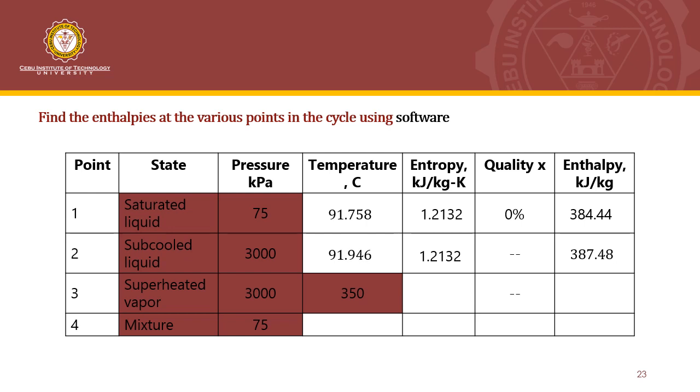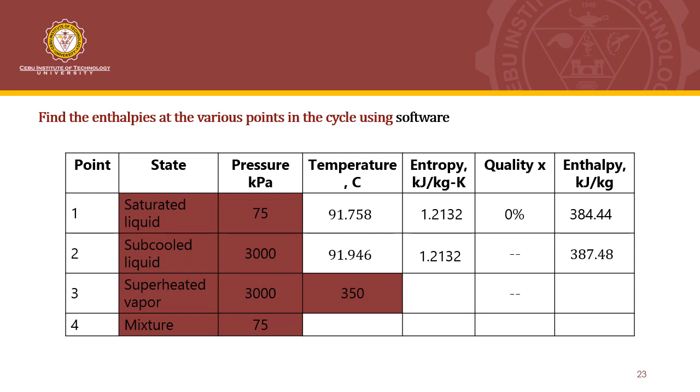You can find here that there is a very slight change in the temperature, because if you can remember, process 1 to 2 is just pumping. In pumping, you are not actually changing the temperature. The change here could be because of some irreversibilities, but it is very negligible, or it is very small.